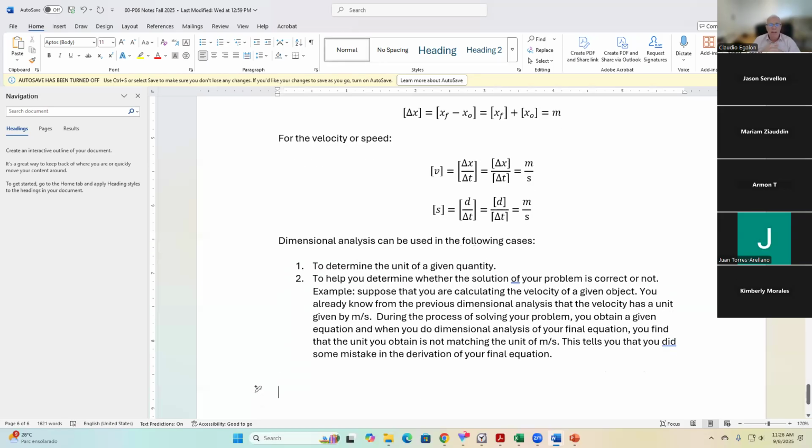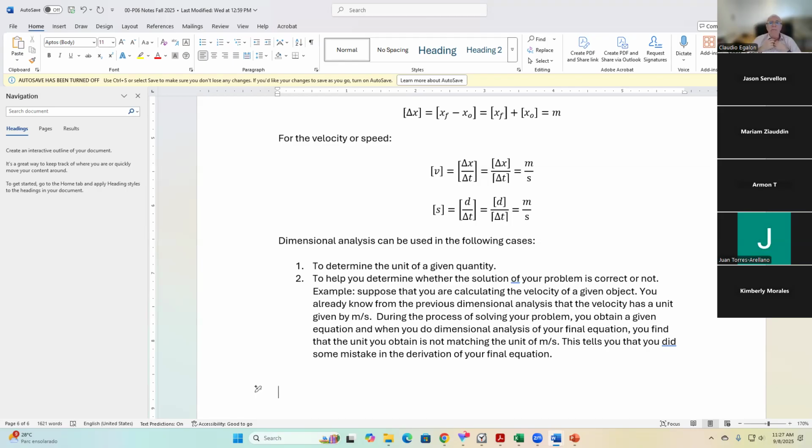I usually do something like that whenever I'm dealing with very long problems, very big problems that involve very complicated formulas. If I'm not sure whether my final equation that I derived is correct, I do a dimensional analysis and see whether the dimensional analysis matches the dimension that I expect to obtain.